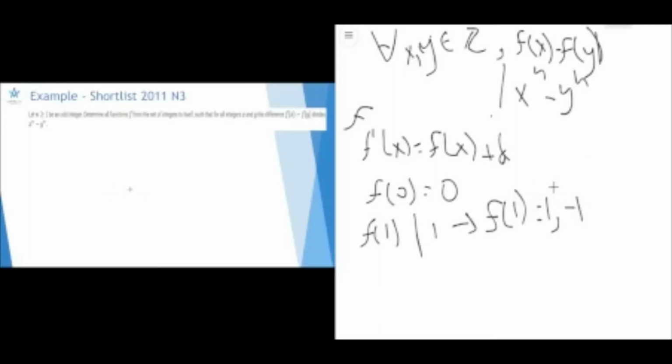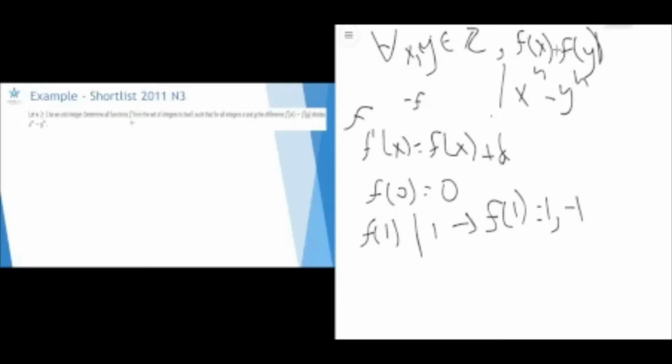So what do we do here is make another important observation about f. Notice that if f works, then negative f also works. Why?